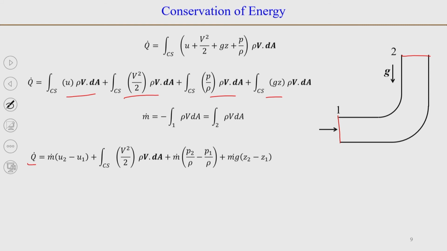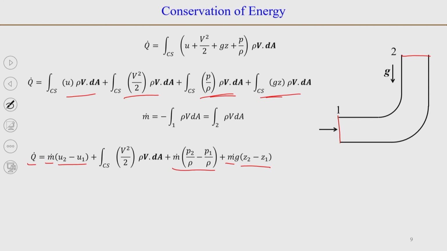Q dot is equal to m dot (u 2 minus u 1) plus, because of this term, m dot (P 2 by rho minus P 1 by rho), and because of the gravity term, m dot g (z 2 minus z 1).